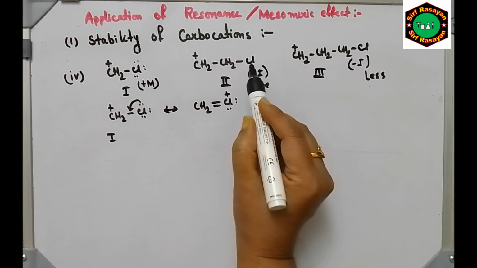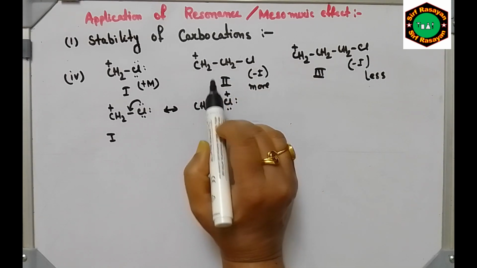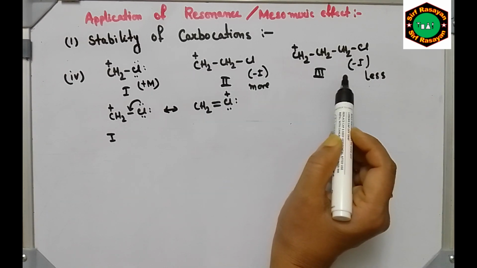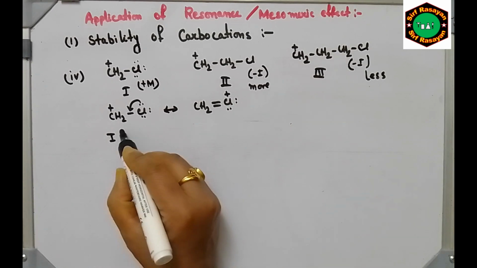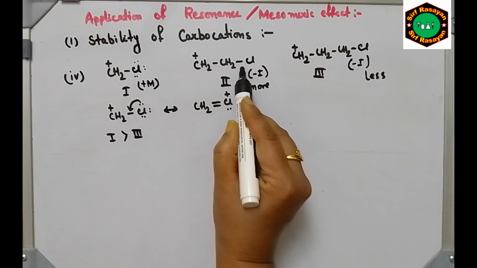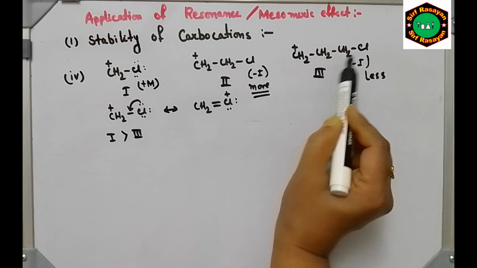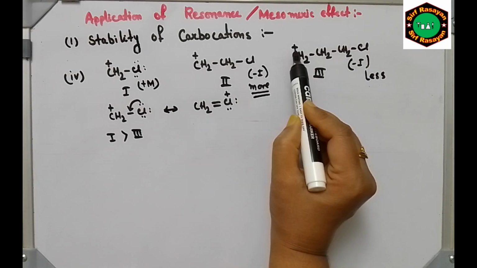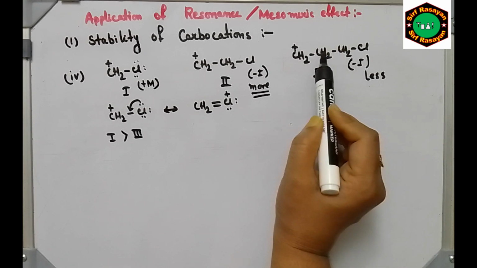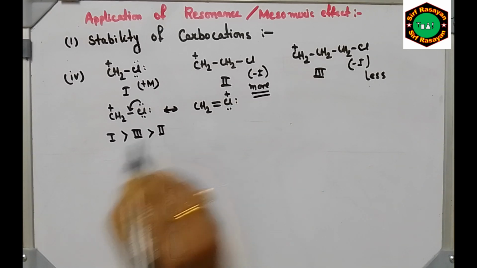If you are considering minus I effect, it will increase the positive charge density, so the species will become less stable. Since here distance is more, this is more stable. And here distance is less, so minus I effect is more. Here the distance of Cl from positive charge is more, so minus I effect is less. That's why that species is more stable than this one.